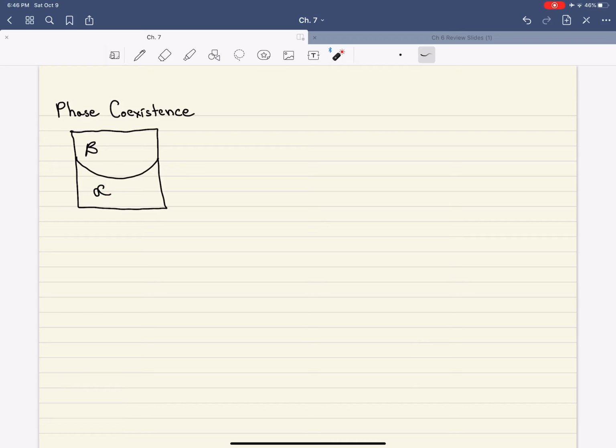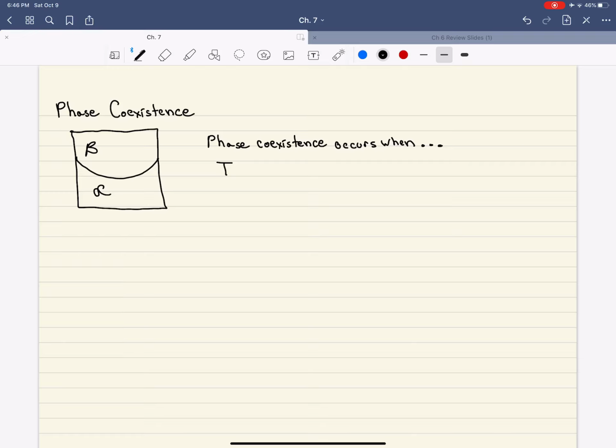If it helps you visualize it better, you could think of the alpha phase being a liquid and the beta phase being a vapor. We find that these two phases will be able to coexist with one another when the following criteria are met.